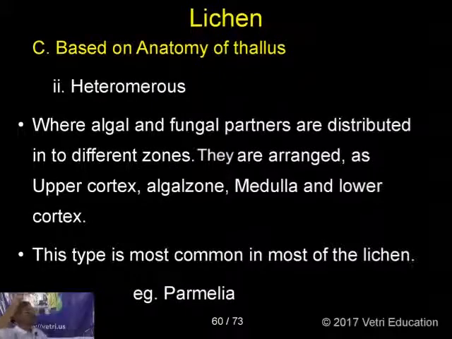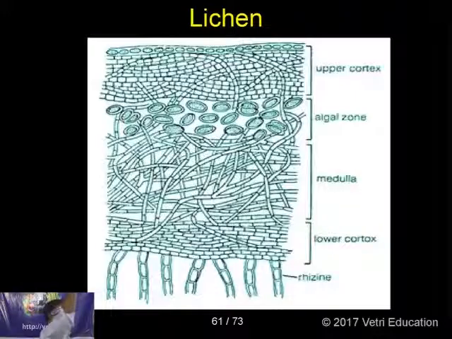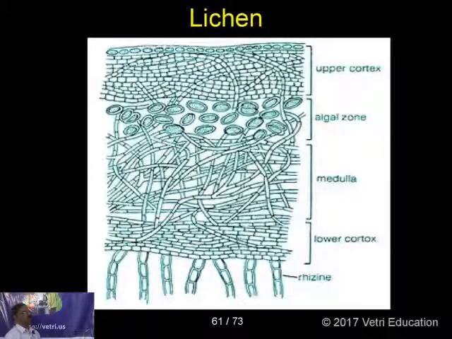The other type is called heteromerous. In this, algal and fungal partners are distributed into different zones, an algal zone and a fungal zone, separately, not intermixed as seen earlier. They are arranged as upper cortex, algal zone, medulla and lower cortex. This type is most common, for example Parmelia. In this internal structure you can find the upper cortex made up of fungal hyphae.